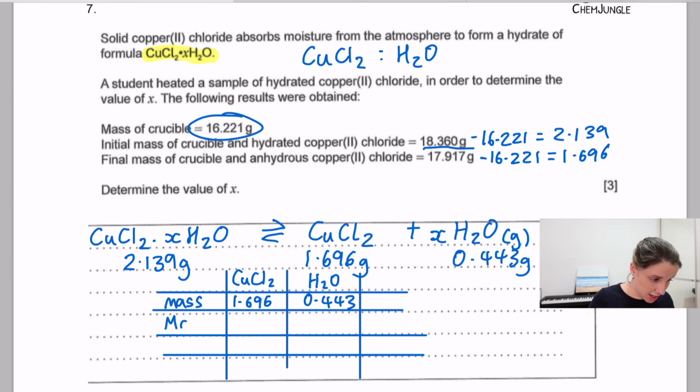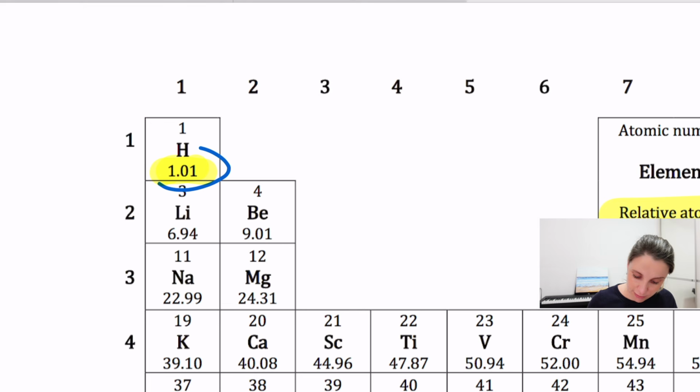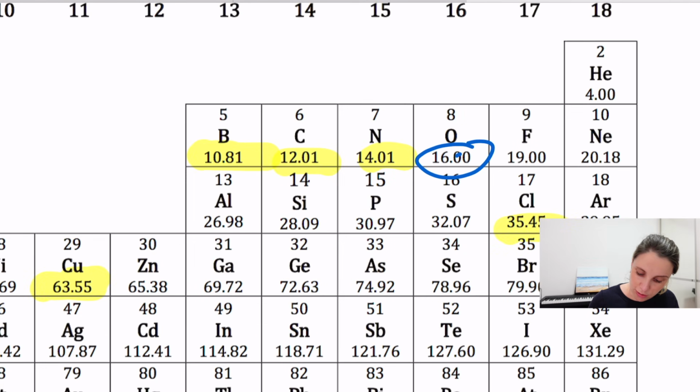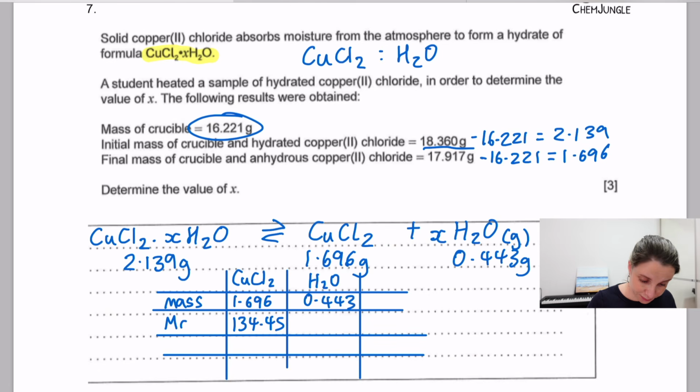For the copper chloride, that's 134.45, just getting that information again from your periodic table. So taking the copper and then 2 of the chlorines overall to give you 134.45. And then the water, which is 18.02. Next step, just like before, we're going to work out the moles.